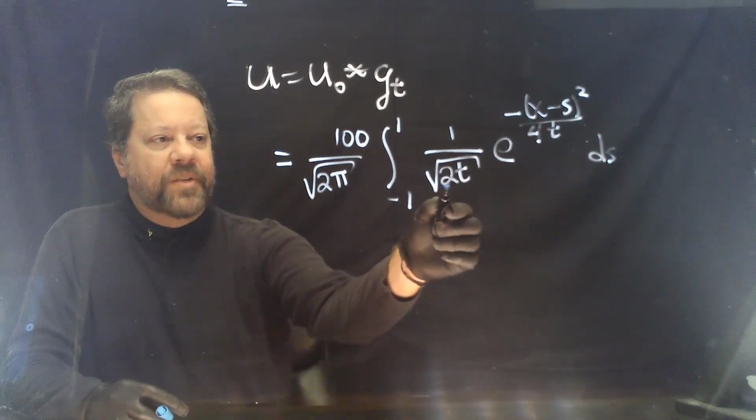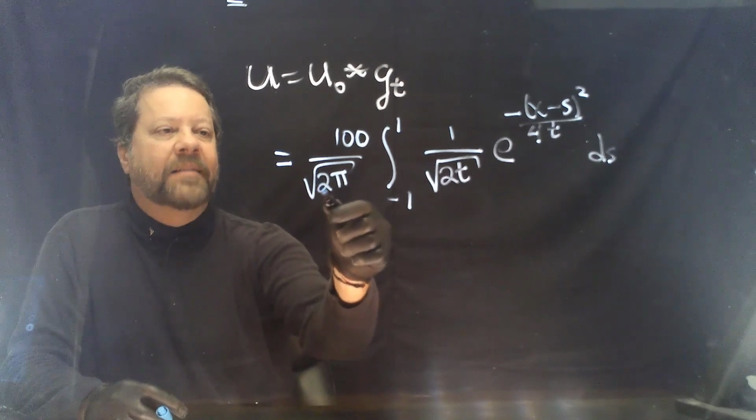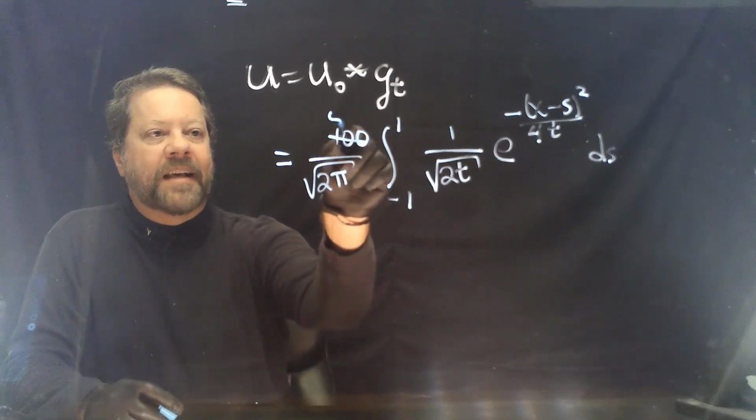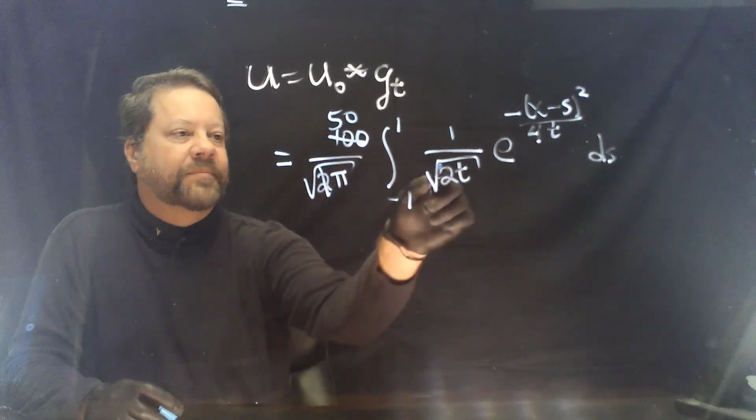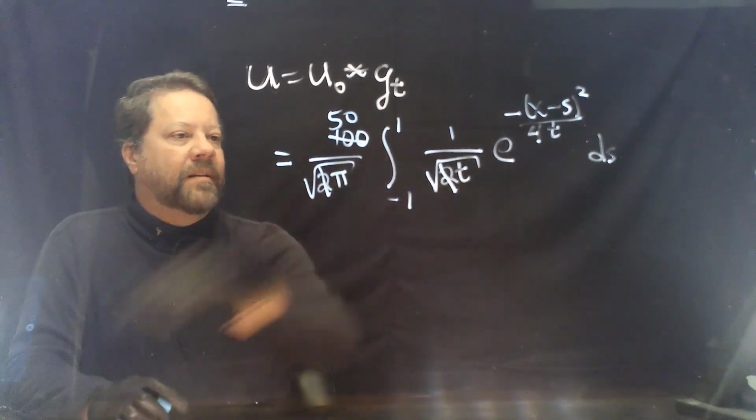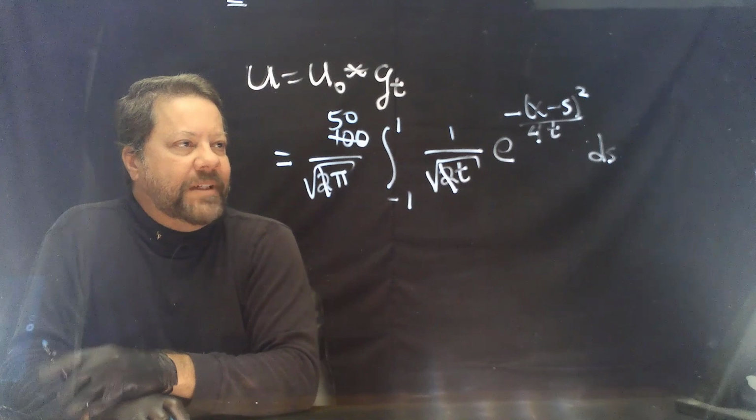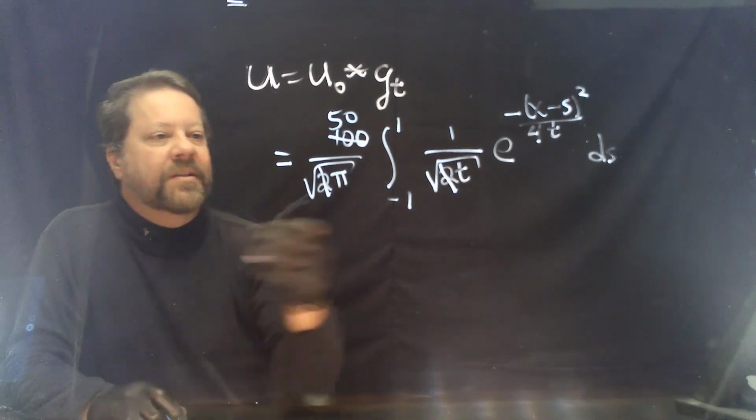You can see then that these root 2's will combine and become a 2, so we can cancel that and put a 50 in this spot. The question now becomes, how do we deal with the integral that remains?